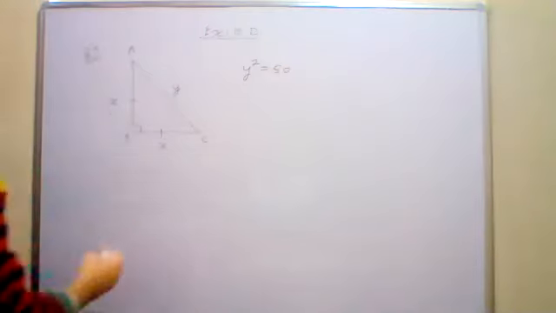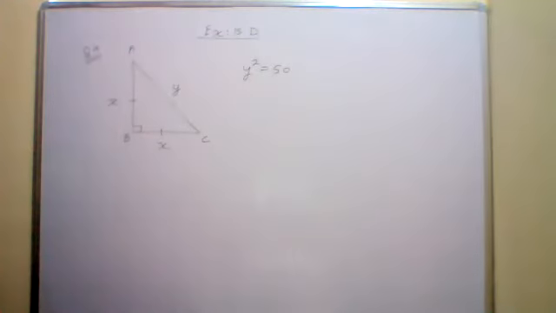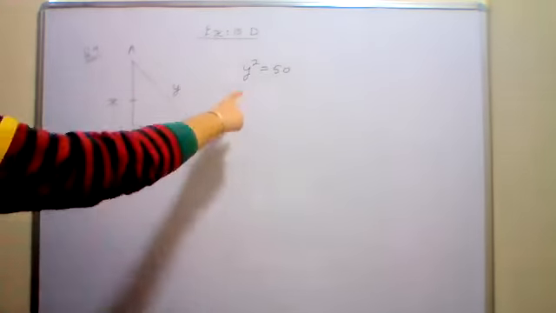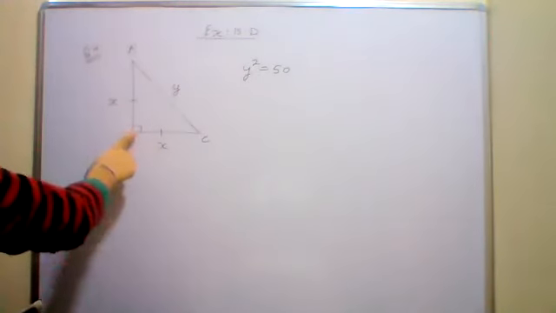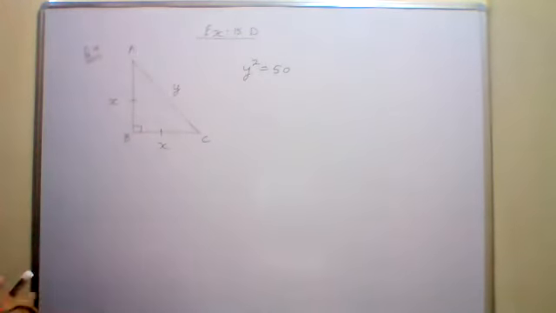That means y square is equal to 50. Now you have to find the length of the two equal sides.